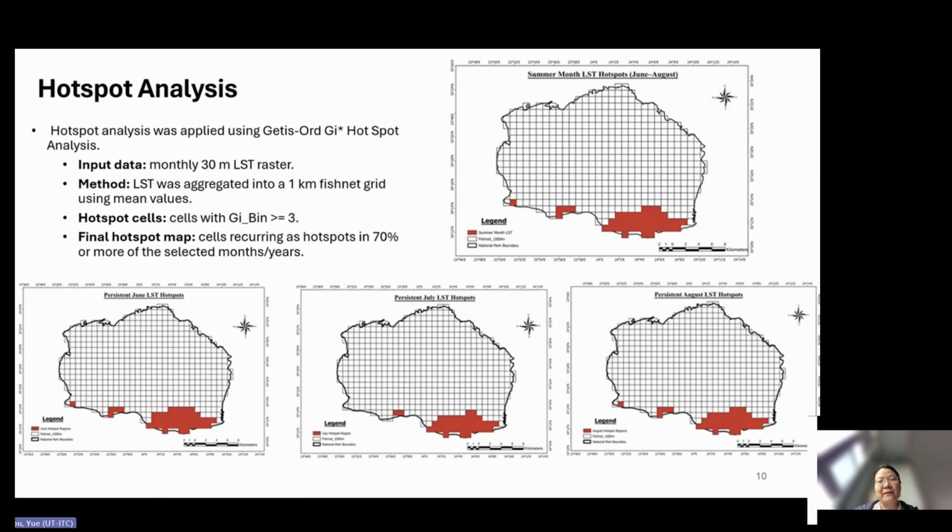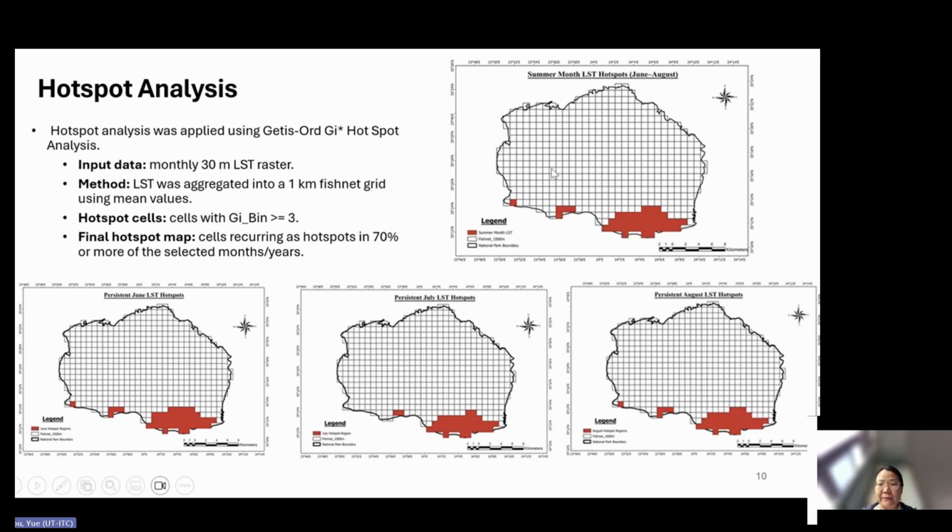And based on this monthly land surface temperature analysis, we used a geospatial analysis technique called hotspot analysis to identify persistently hot areas. If certain cells reoccur as hotspots in 70% of the months that we calculated, they are identified as hotspots.